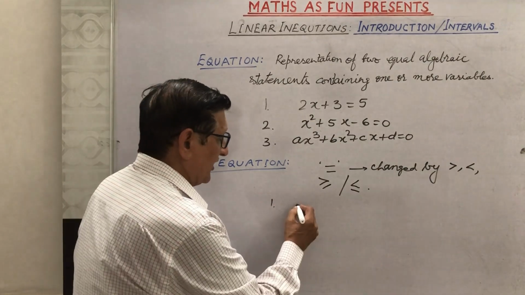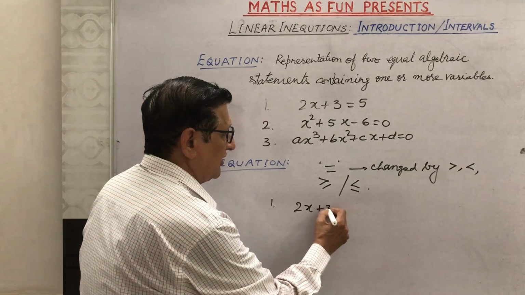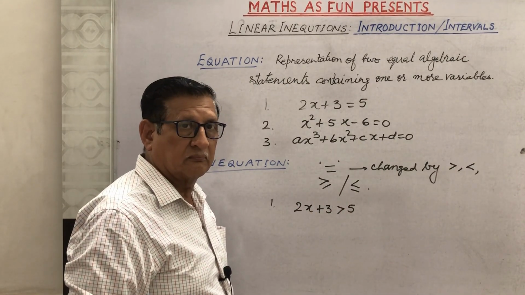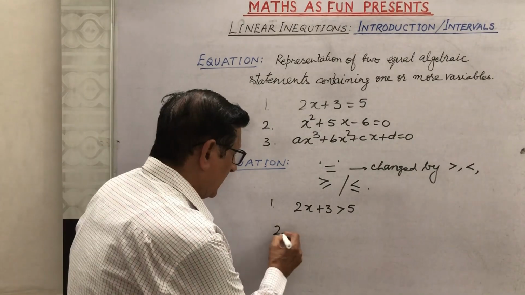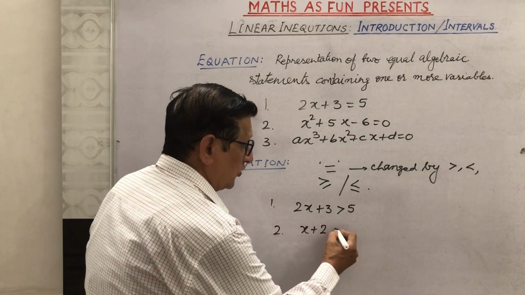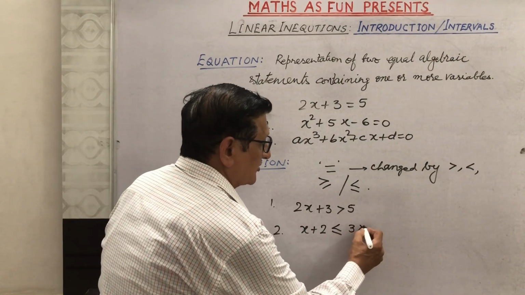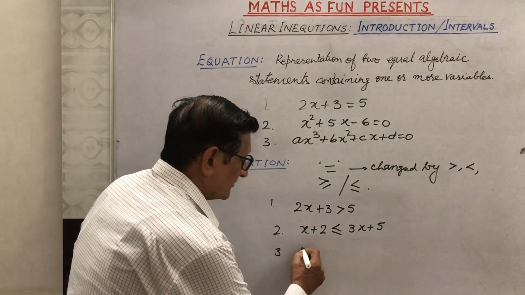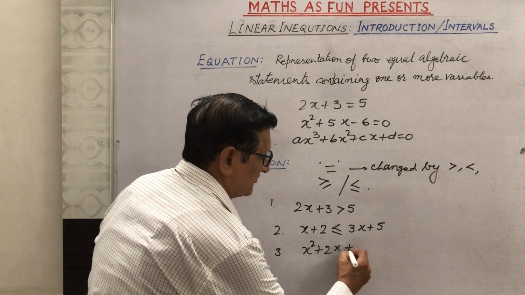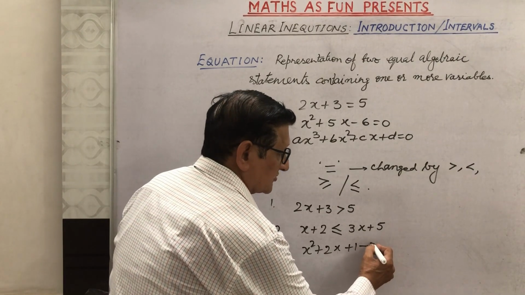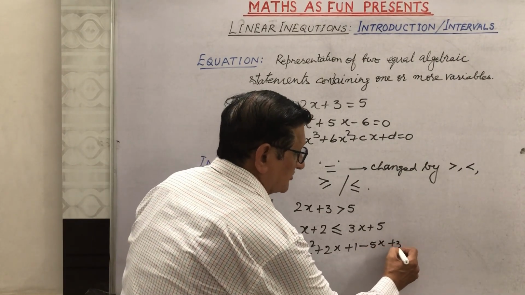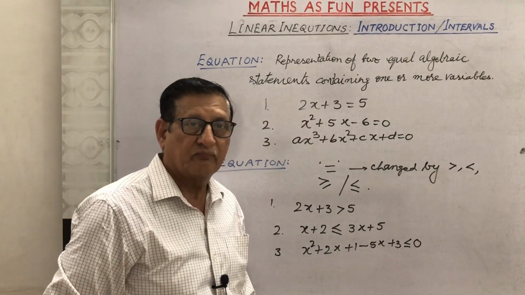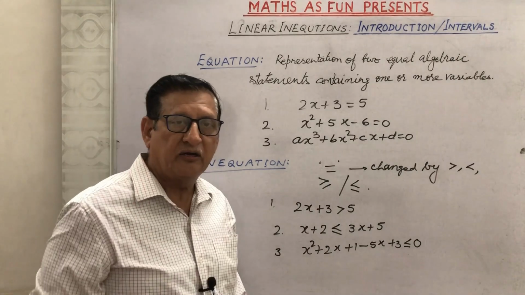For example, suppose we have 2x plus 3 is greater than 5, or we say x plus 2 is less than equal to 3x plus 5, or we say that x square plus 2x plus 1 minus 5x plus 3 is less than equal to 0. These are all examples of inequations.